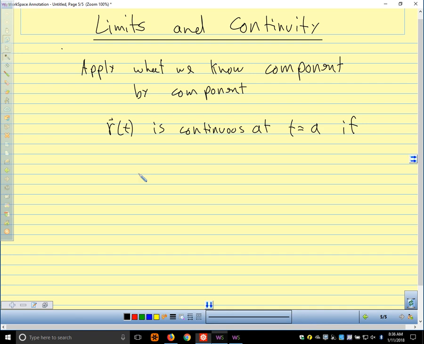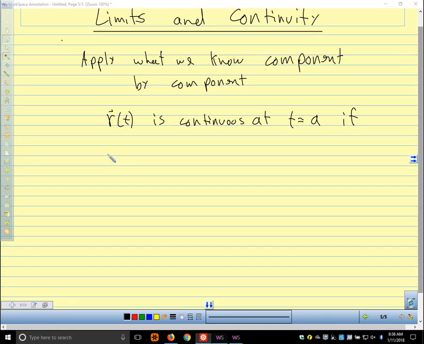If I start writing something, we'll remember. r of a exists. The limit has to exist.